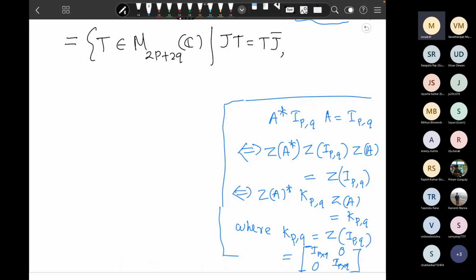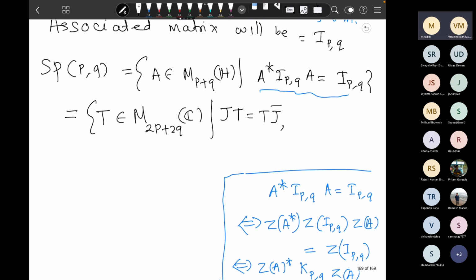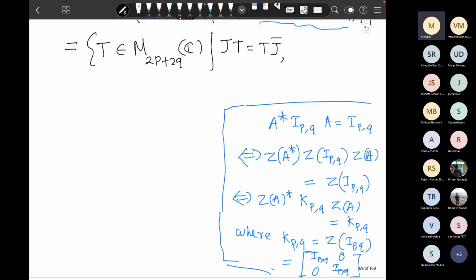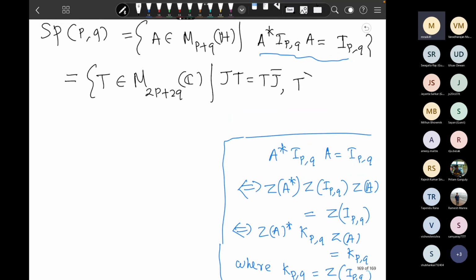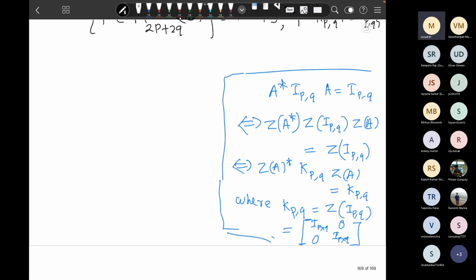So I write ZA is equal to T, I replace that, and I get T star K_{P,Q} T is equal to K_{P,Q}, where K_{P,Q} is I_{P,Q} 0 0.